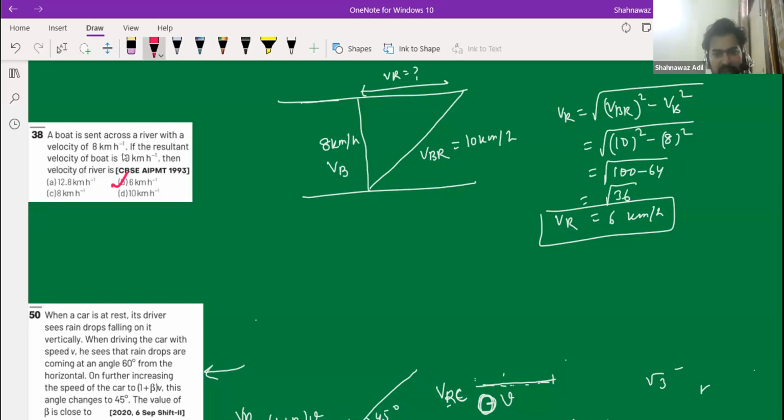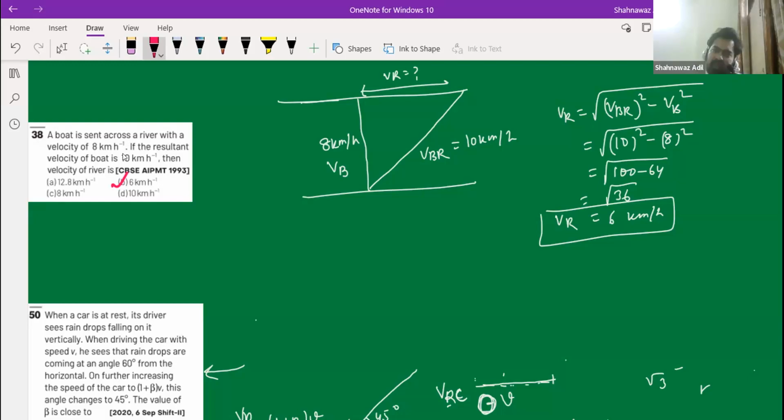So quickly note this thing down, and then we'll do the question on rainman problem or rain problem, and then we'll talk about the uniform circular motion, and then we'll start the laws of motion.